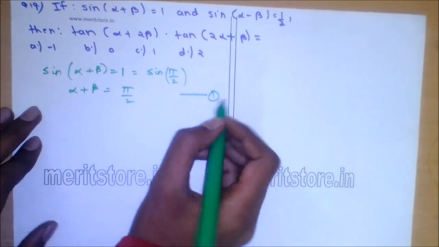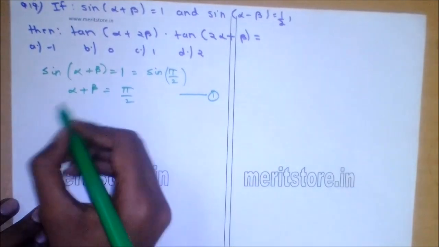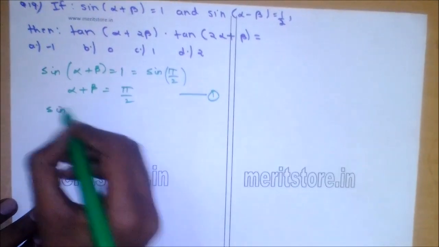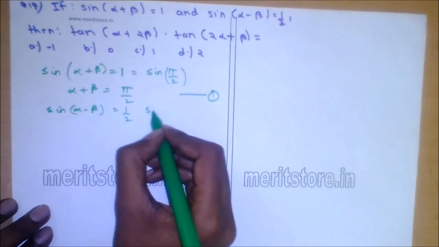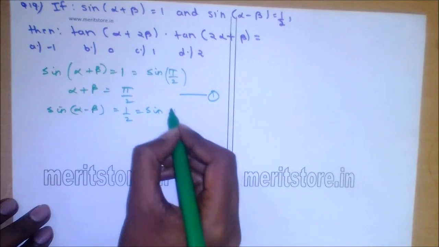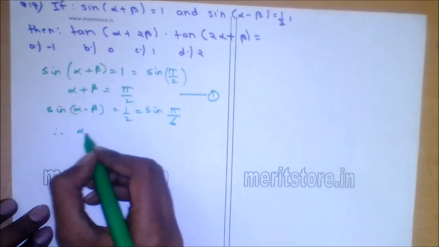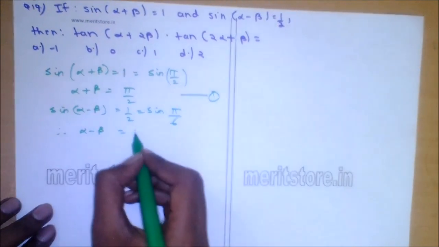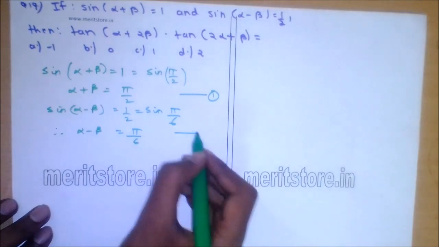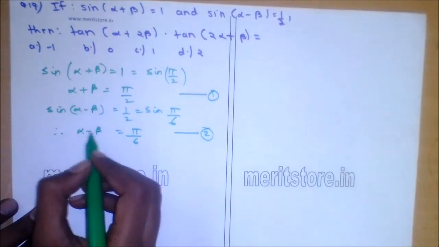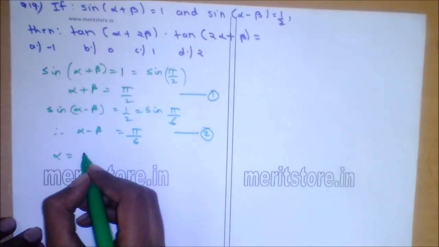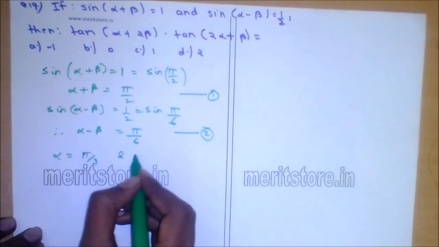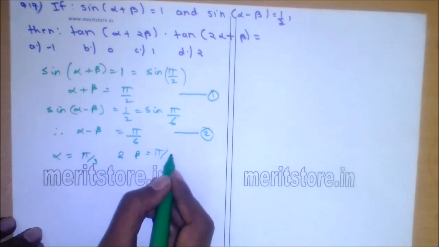Let this be equation 1. Second, sin alpha minus beta is half, which is sin pi by 6. So therefore alpha minus beta is pi by 6. Let this be equation 2. So solving these equations simultaneously, we get alpha equals pi by 3 and beta equals pi by 6.